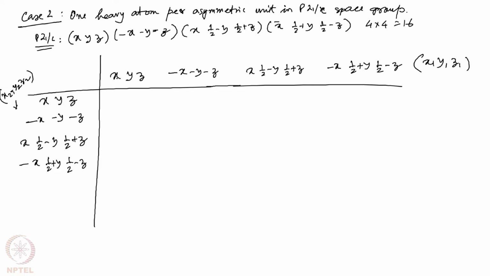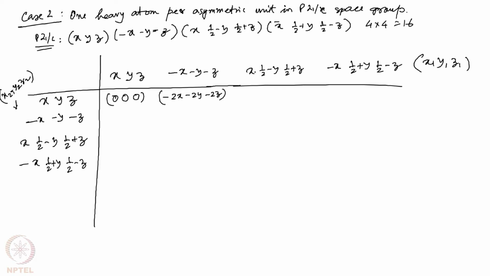So in this matrix, x1 minus x2 is 0, y1 minus y2 is 0, z1 minus z2 is 0. Similarly, minus x1 minus x2, here it is minus x, so minus 2x, minus 2y, minus 2z.